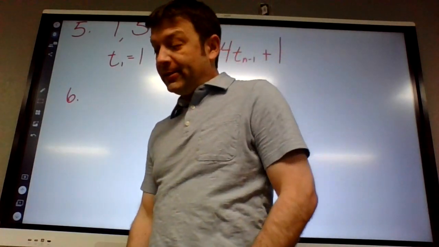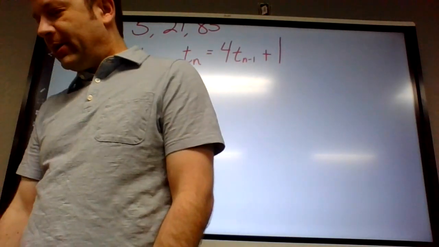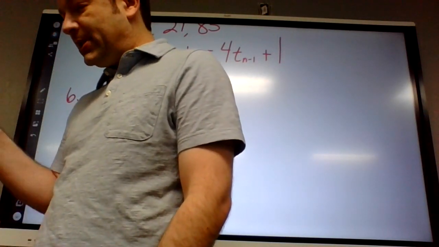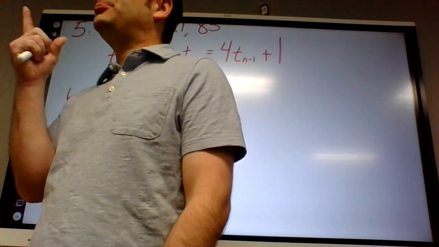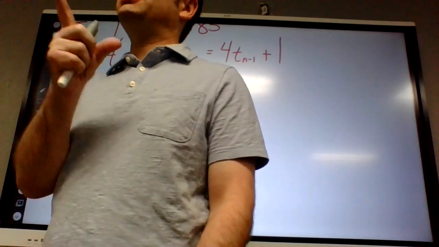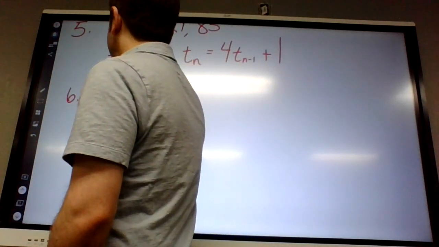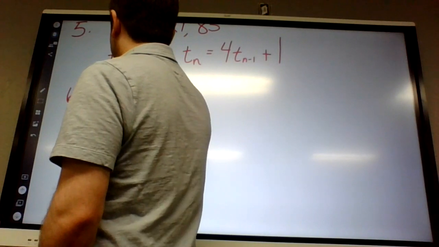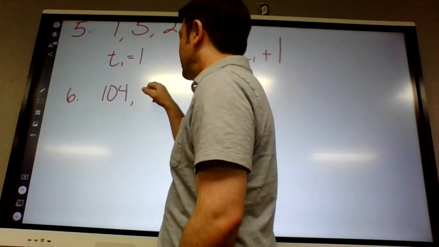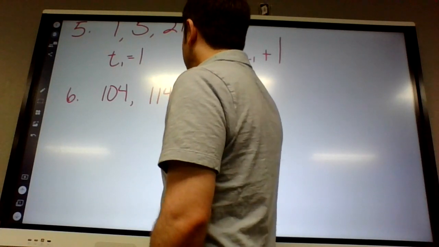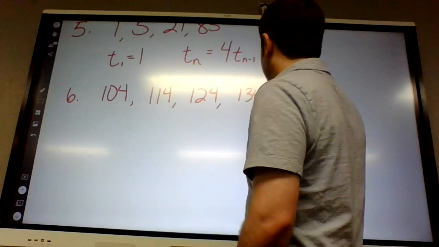So, number 6. Okay, what do they mean? 3-digit integers ending in 4. What would the smallest 3-digit integer be that ends in 4? 104, yeah. So this is not the answer, this is what we need to get though. We need 104, what would the next smallest be? 114, 124, and so on.